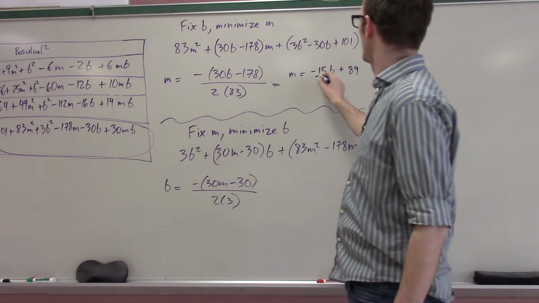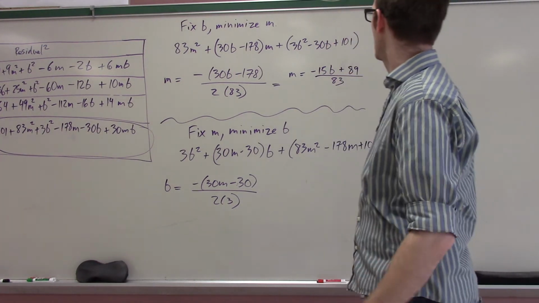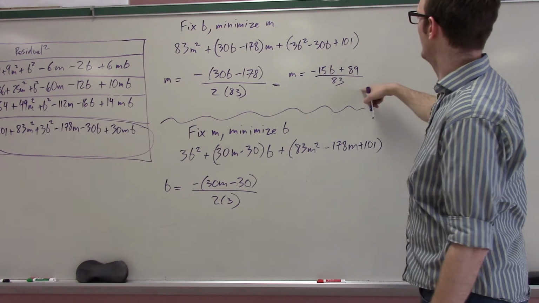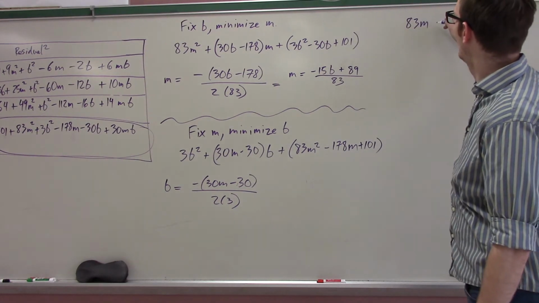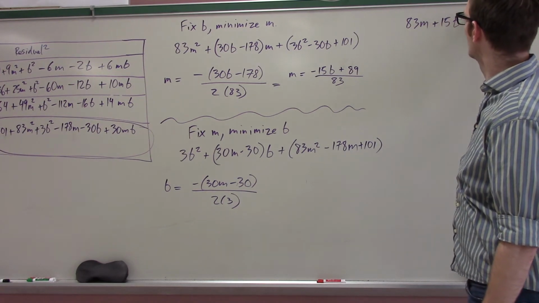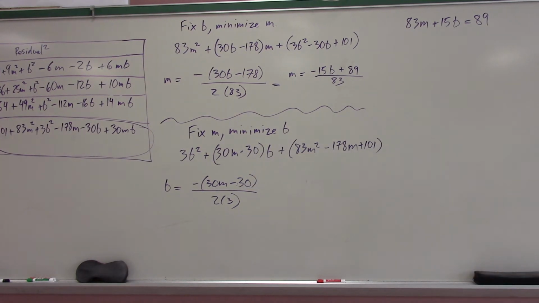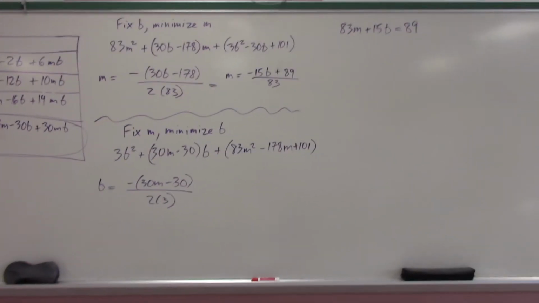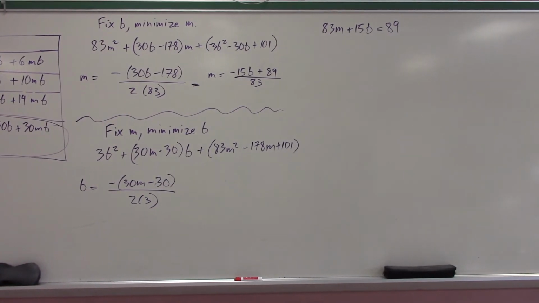And that's over 83. So I can actually write this as 83m plus 15b equals 89. Those numbers really do not look familiar. I'm gonna cry if this is wrong. All right.